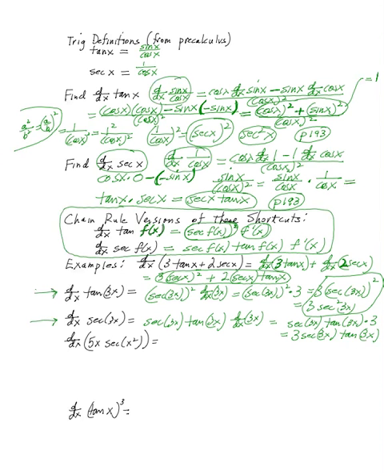I've done this work up top once. I don't have to do it again. All this work up top using the quotient rule gave me these shortcuts, which I now remember and use.